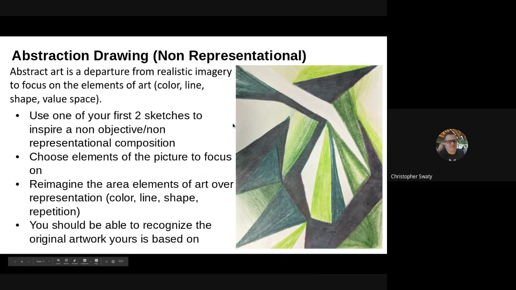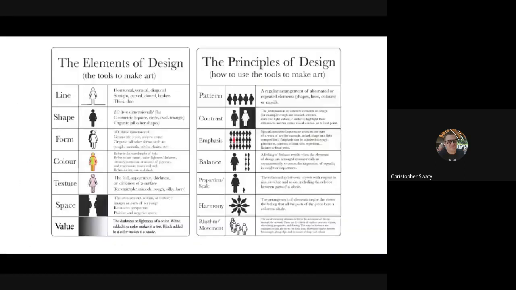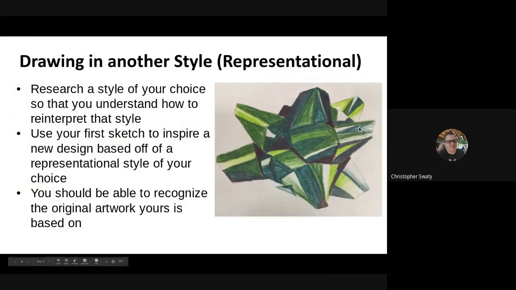Now, in going about doing something like this, I'm going to go back to the other slide so that I can show you how I go about doing it. This is not how you have to. But for someone who has trouble with abstract art, and I'm talking about myself, I'm going to show you how I went about doing it. There's a slide that kind of walks you through some of these. But what I did, I chose a portion of my picture that I thought was interesting, and I reimagined it.